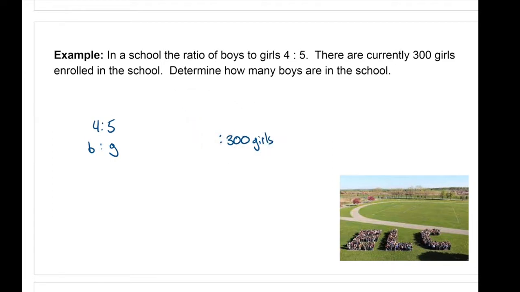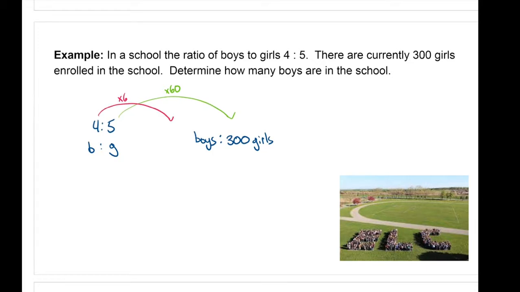And what we can do is consider equivalent ratios. So if I know there's 300 girls, if I look at my simplified ratio of 4 to 5, what do I do to get from 5 to 300? In this case, I would have to multiply by 60. I'm going to have to do the same thing for the boys.